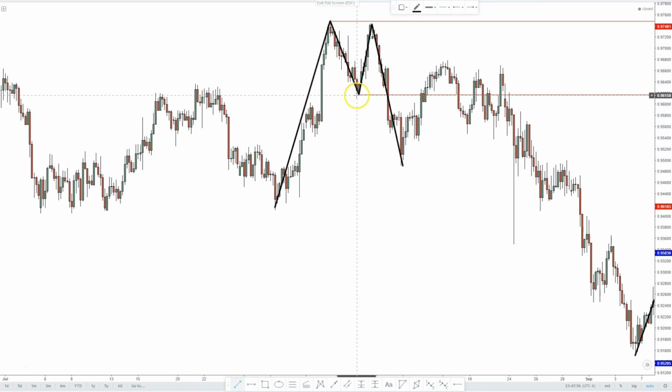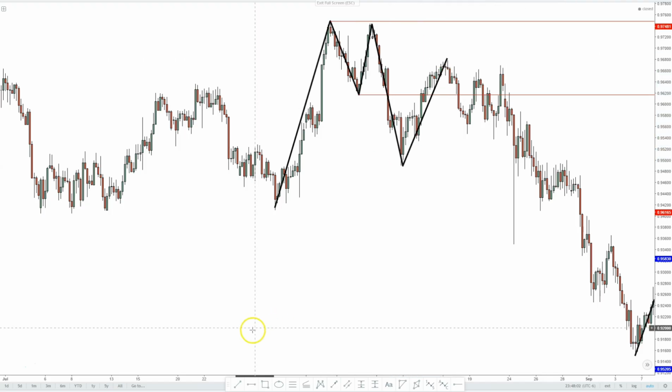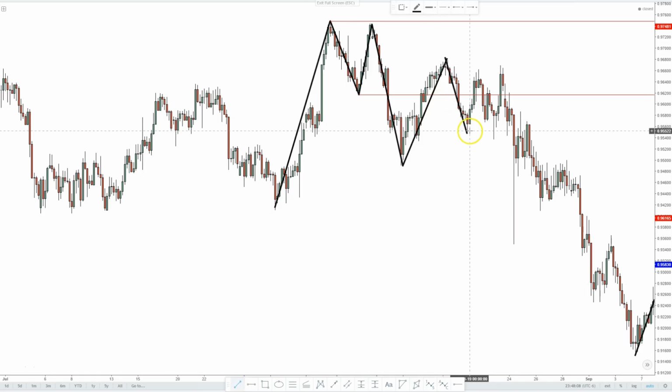Breaks this middle low, this middle part of the low, breaks it. Let's see if it's going to come back to a retest. Comes back up for a big retest right here. Broke it a little bit. And drop. Boom.